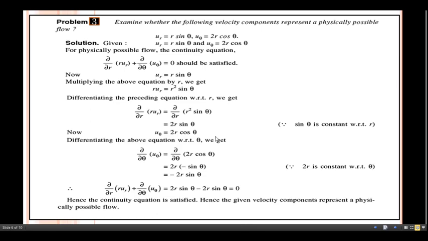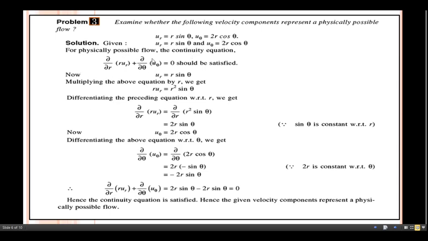Now we move towards the next problem. Examine whether the following velocity components represent a physically possible flow. For that, u_r equals r sin θ is given, u_θ equals 2r cos θ is given. You have to examine whether these velocity components represent a physically possible flow.